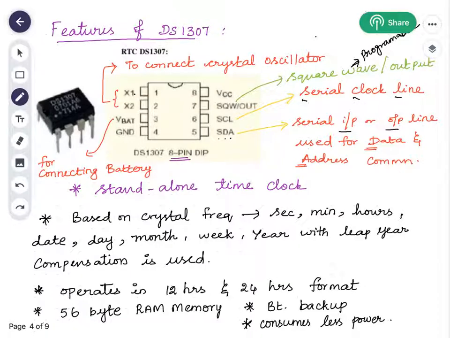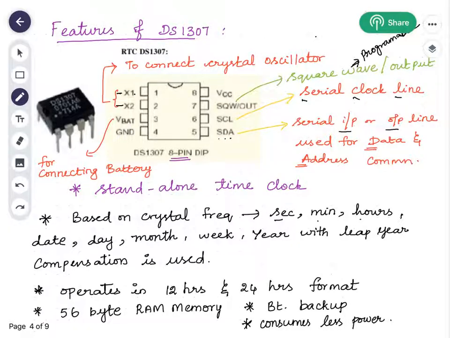Based on the crystal frequency that is connected between X1 and X2, we can read or write, and we can display seconds, minutes, hours, date, day, month, week, year with leap year compensation.